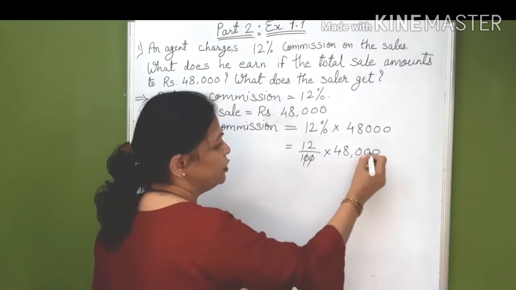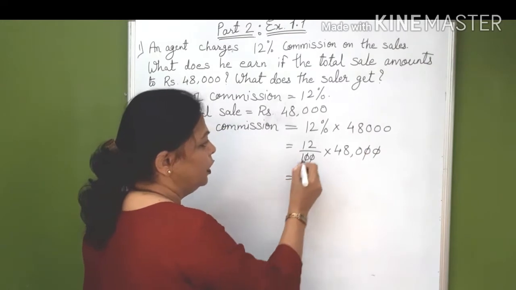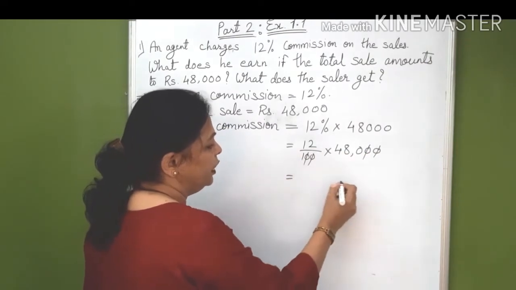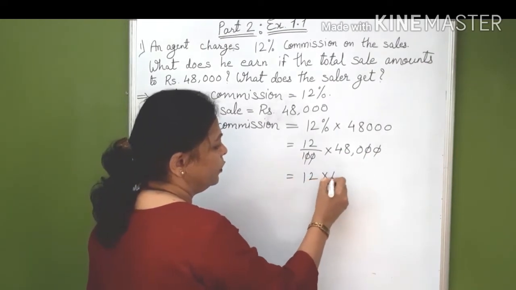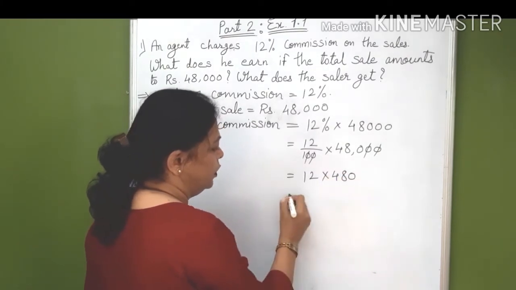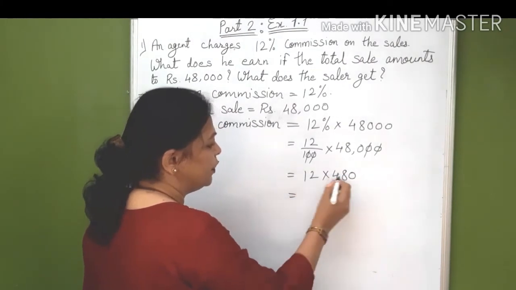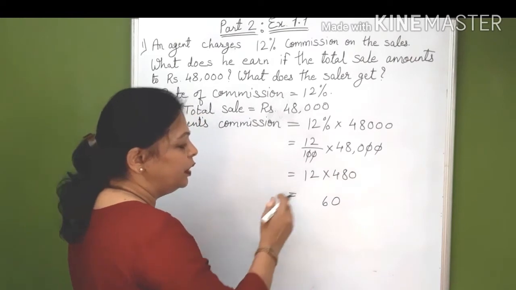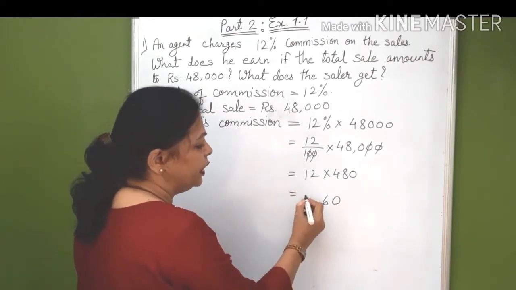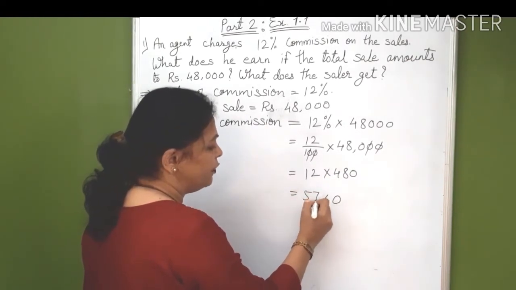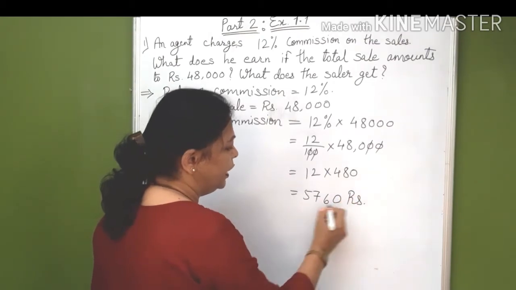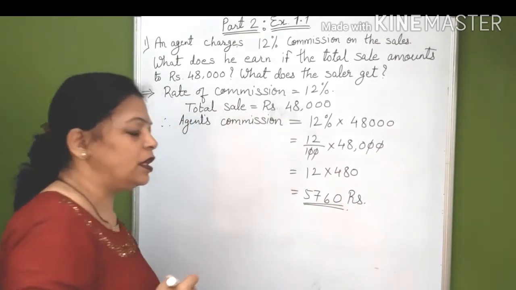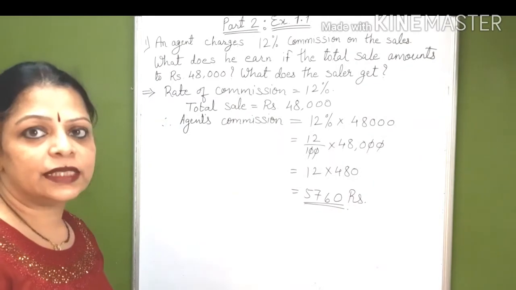So these two zeros get cancelled with this. 12 into 480. That is 12 zeros are 0, 12 eights are 96, carried 9, 12 fours are 48 and 9 is 57. So the agent gets the commission of rupees 5,760.